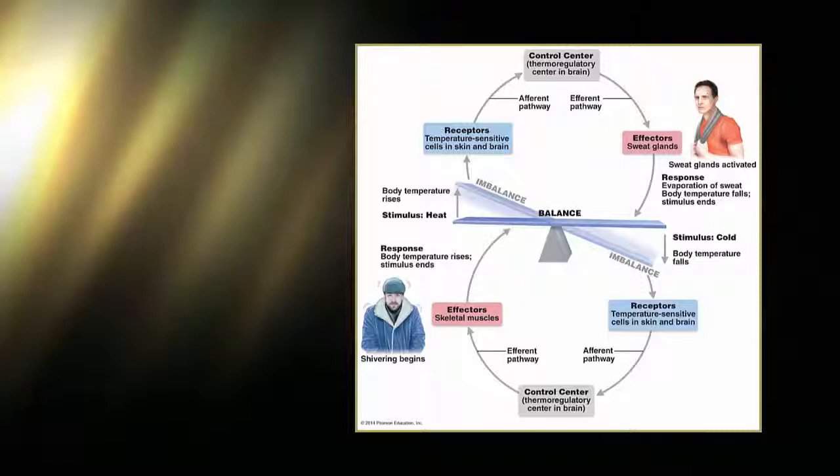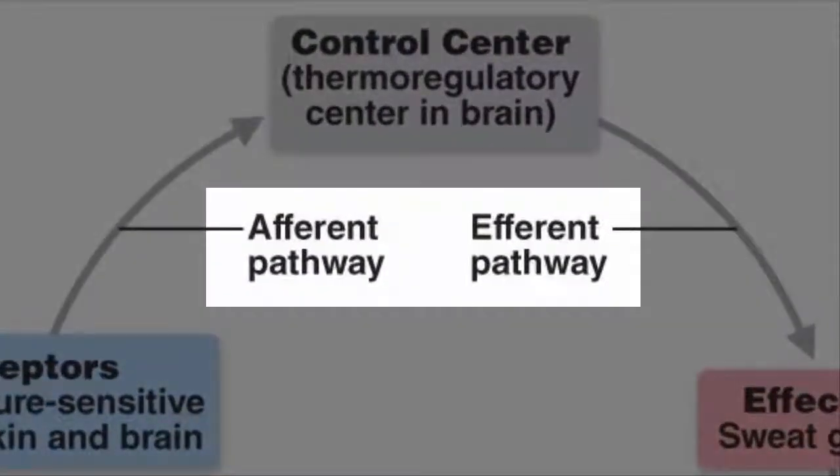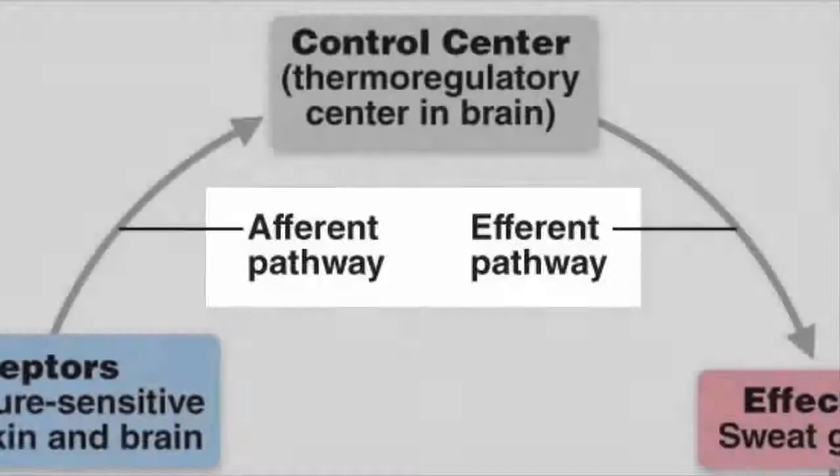Keep track of what is functioning as the receptor, the control center, and the effector, and what effect each component has. Some terminology being used here that you may not be familiar with is afferent and efferent. Information that is moving toward a central point is called afferent, and information moving away is called efferent.